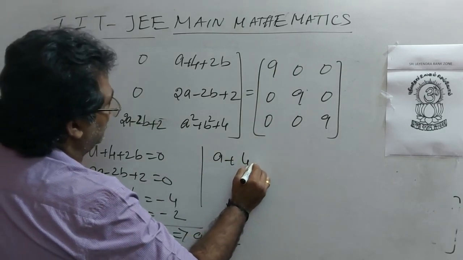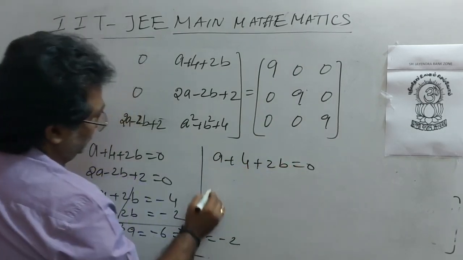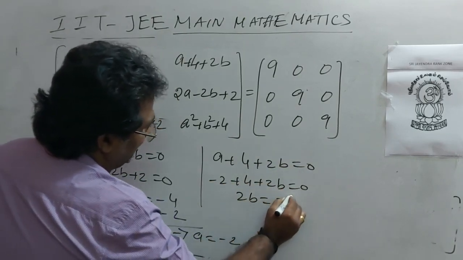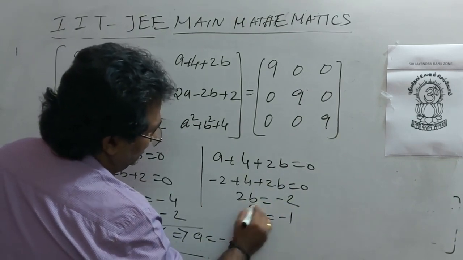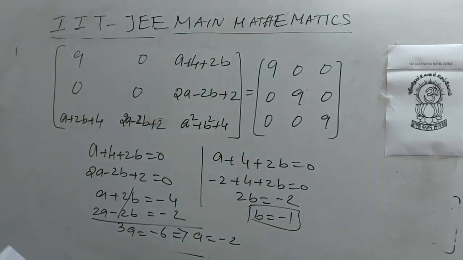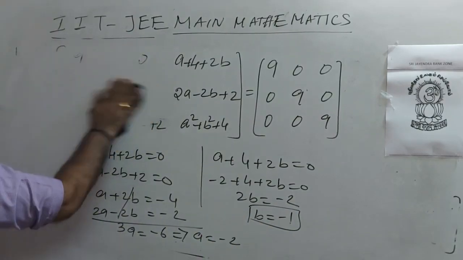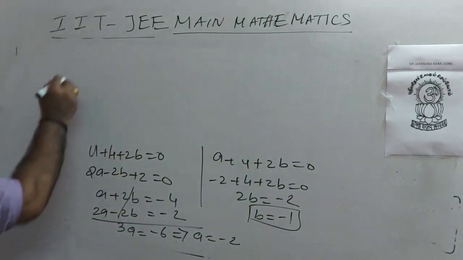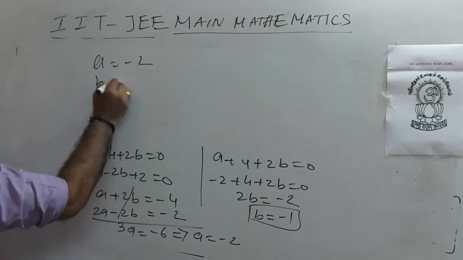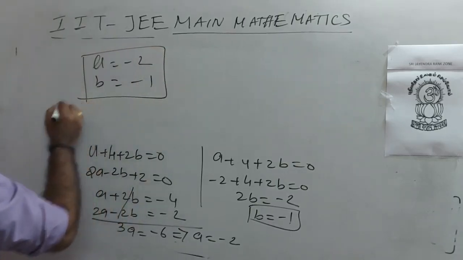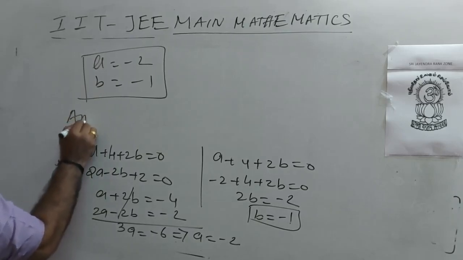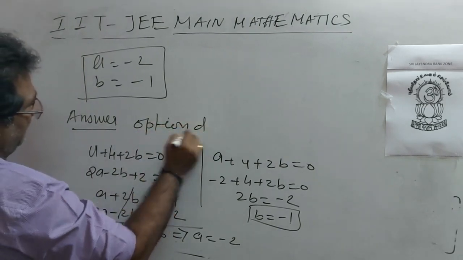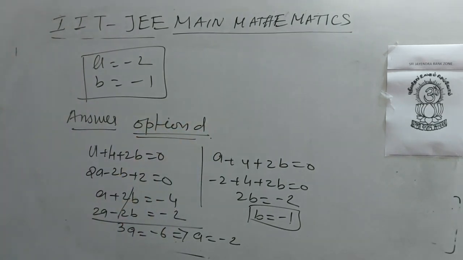A plus 4 plus 2B equal to 0. Minus 2 plus 4 plus 2B equal to 0. 2B equal to minus 2. So B equal to minus 1. So A equal to minus 2, B equal to minus 1. Answer option D.